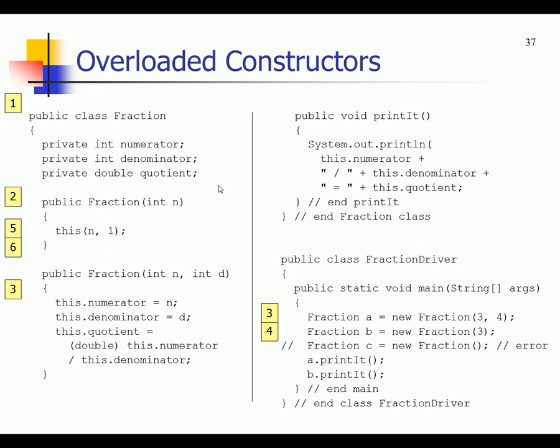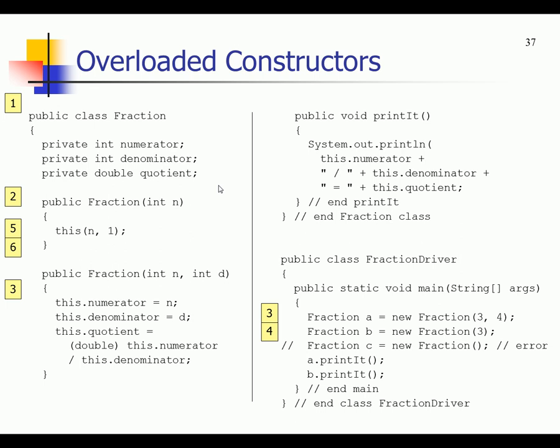Now, position 5 has this, parentheses, n comma 1. So when I called the fraction constructor at position 2 with one argument, it automatically called position 5, this n comma 1. What that means is it called another fraction constructor that takes 2 arguments.